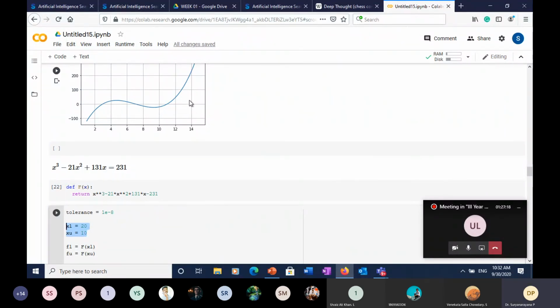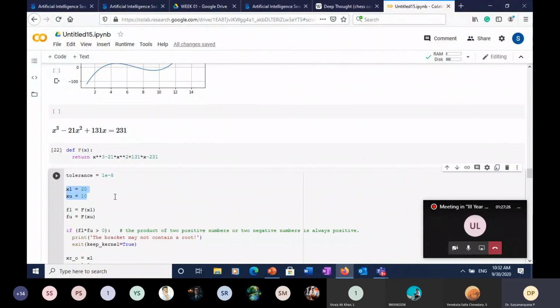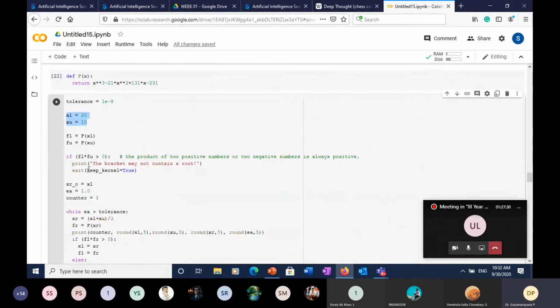At 20, we don't see it, but we can definitely find out that the function value will be positive. So it's negative here, it's positive there. This is a good initial bracket for us to start with. Okay. But to be on the safe side, it's always better to check that. I have made sure that I'm giving the initial bracket appropriately as per the requirement, but it's a good program to just make sure that it is the case also.